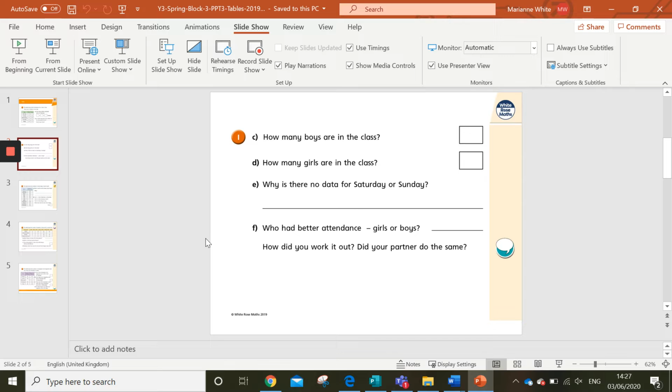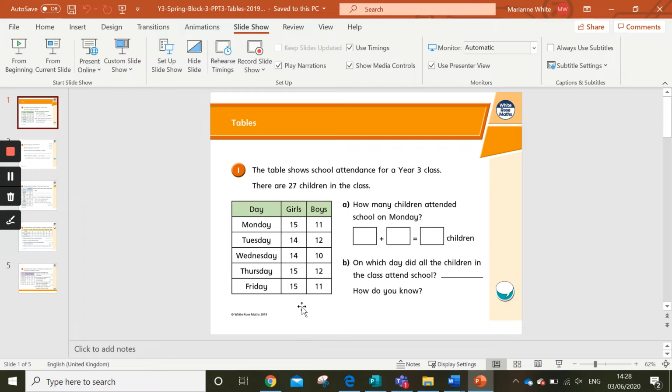Have a think about what information the table is displaying and why there may be no data for Saturday or Sunday. So who had better attendance, girls or boys? Again, remember to look back at the table to see if there were more boys or more girls in school to answer that question.